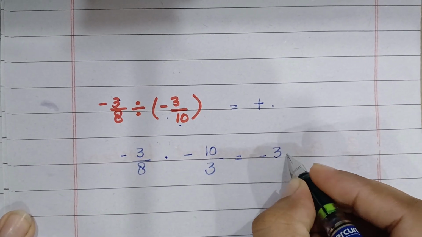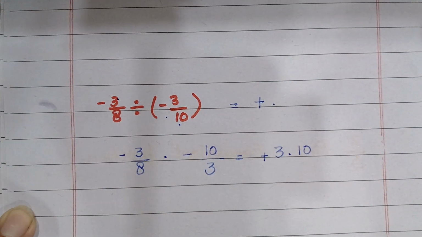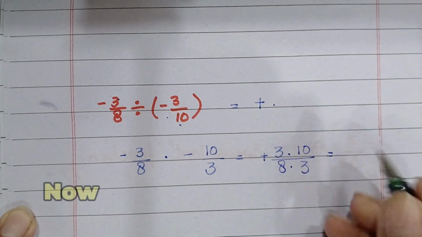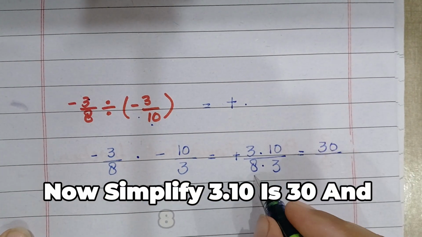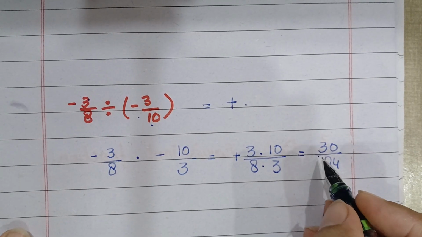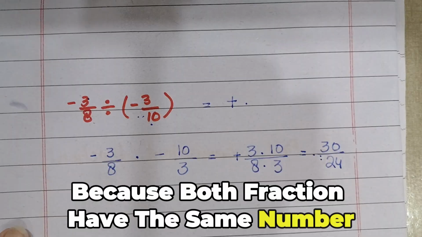Minus 3 multiply 10 and 8 multiplying 3. Now simplify. 3 times 10 is 30 and 8 times 3 is 24. And the sign of the answer will be positive because both fractions have the same sign.